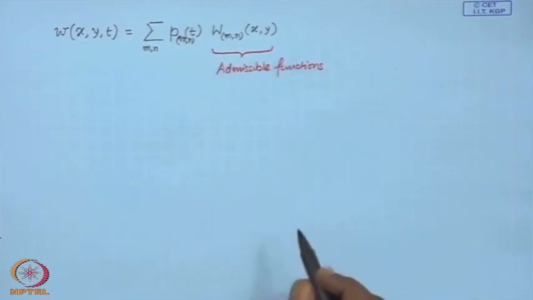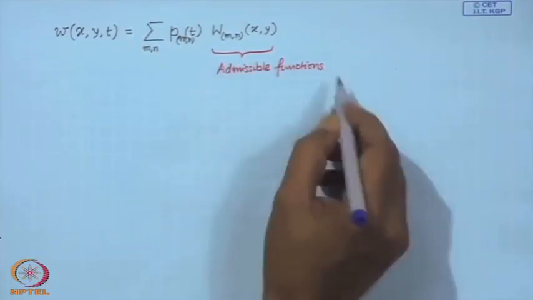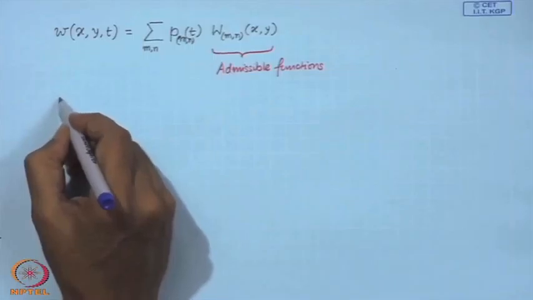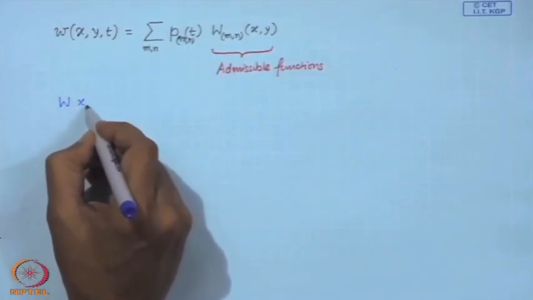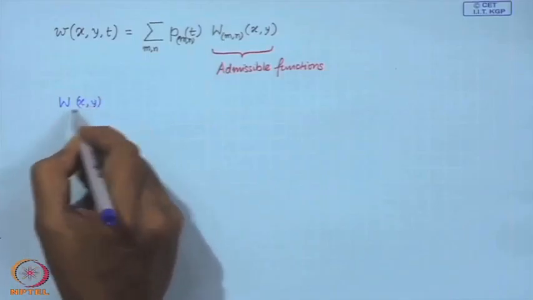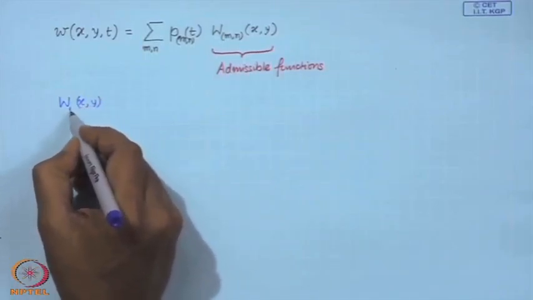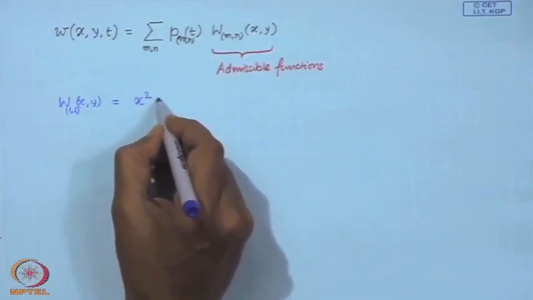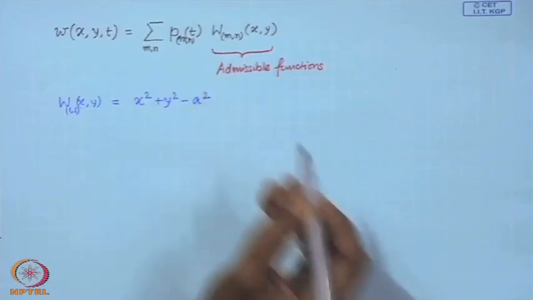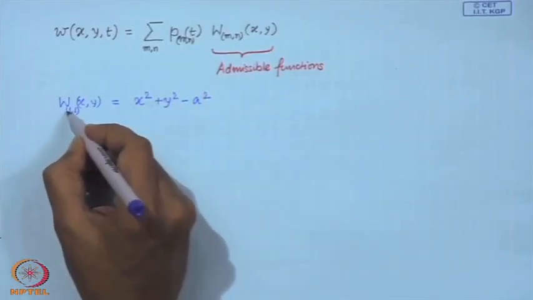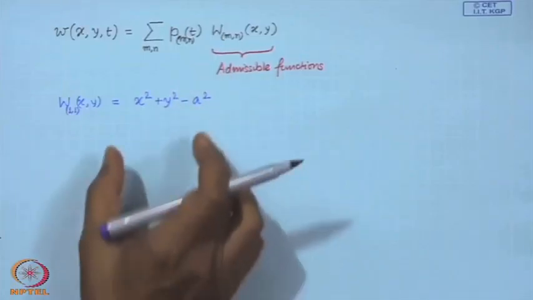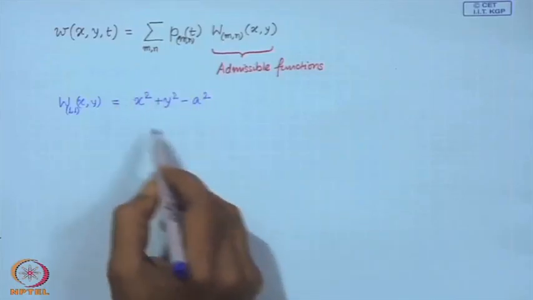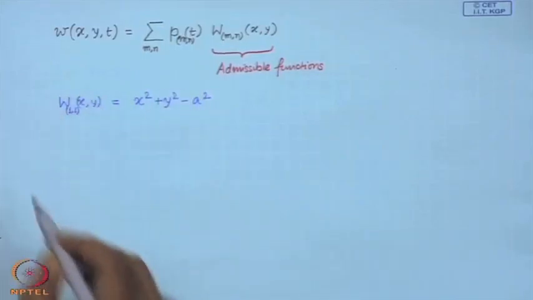Now, what could be a good choice of admissible functions for this problem? Suppose you choose W11, the first term in this expansion, as this. Now, you can see of course, that on this boundary this is going to vanish.